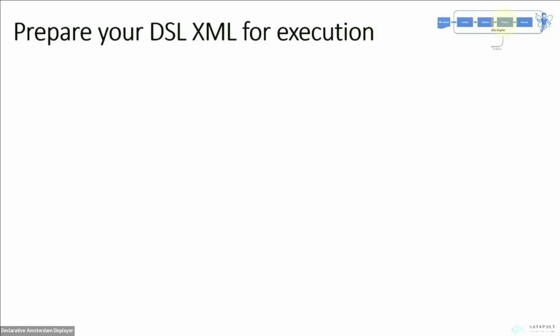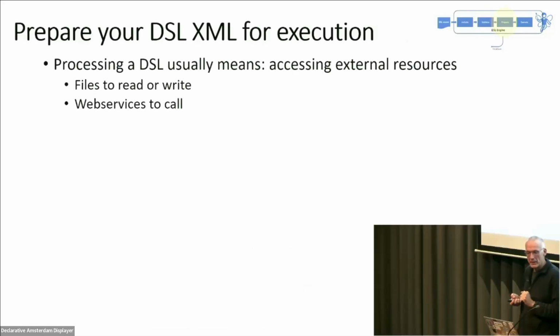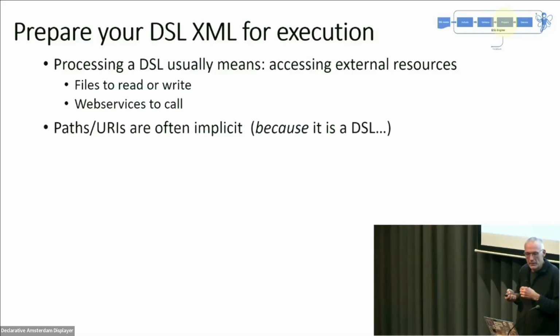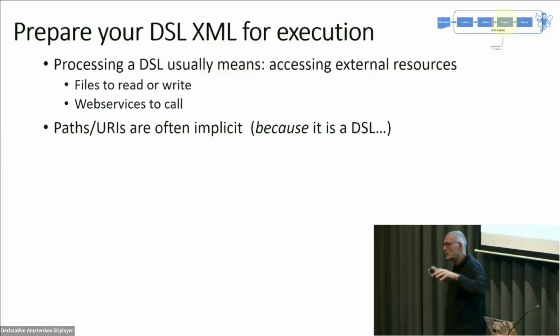Then we get to the prepare step. And what do I mean with that? If you process a DSL, it usually means accessing resources: files on disk, web services, stuff like that. These things have URIs. And these paths and URIs are often implicit, and that's because it's a DSL. Something says, handle a special file, and your domain knows that the special file is in the special directory or something like that.